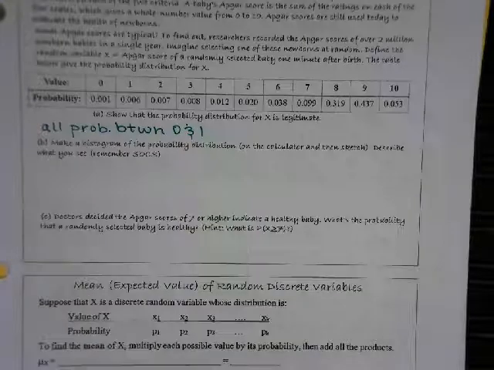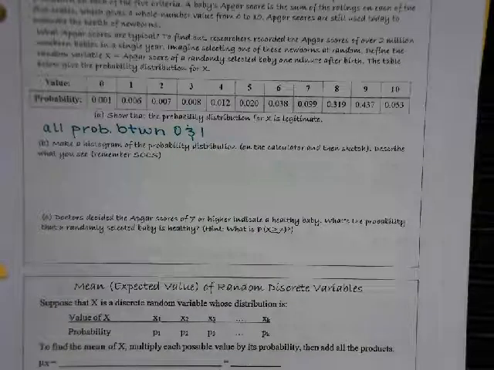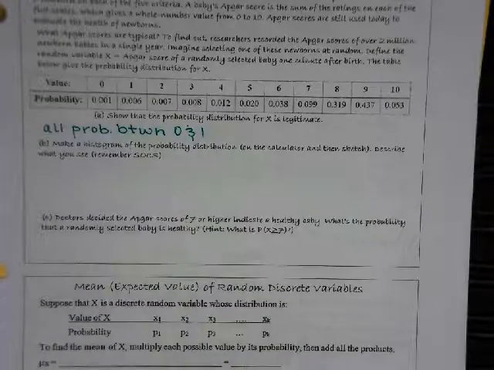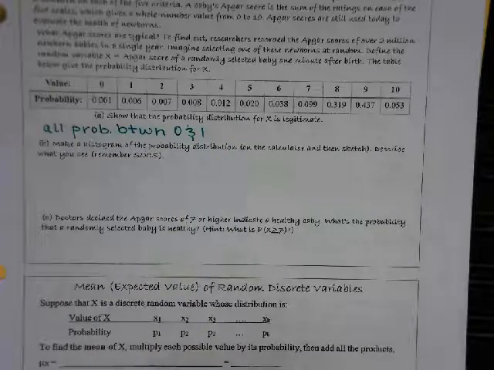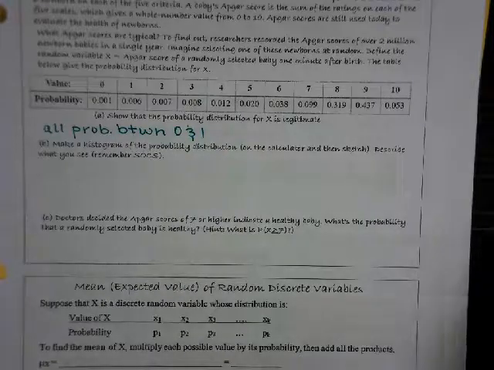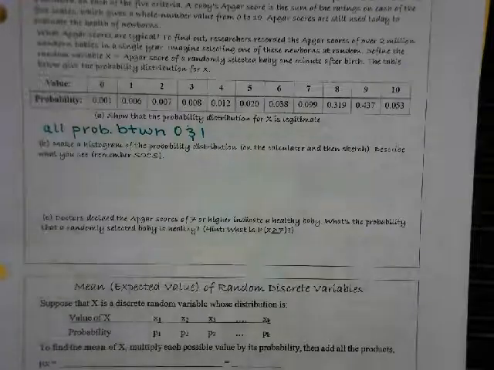That's done. Then we're going to check that they add to 1. So I'm going to check that the sum of the probabilities is equal to 1. I'm just going to add all those probabilities together.